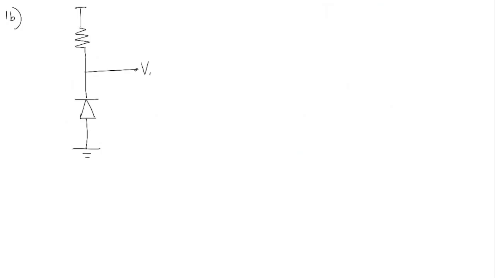So this is V out, this is plus 5 volts, this is 2.5 kilo ohms, and now let's call this VD, and if the current has to flow, the current has to flow like this, right? ID.